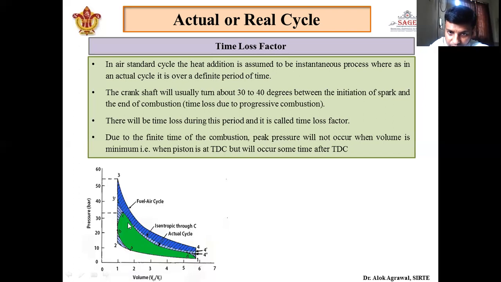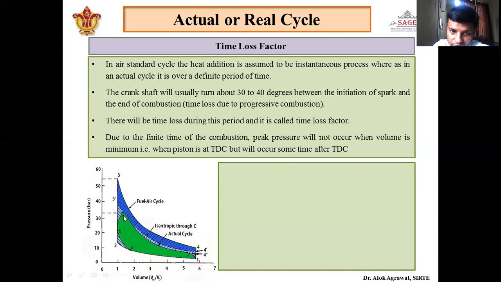So we get the peak pressure at point C in the actual cycle, not at point 3, which is the case of the ideal air standard cycle. Because of this, the area under the curve is reduced, and as the area reduces, the work output reduces, and this reduction in work output is because of the time loss factor.